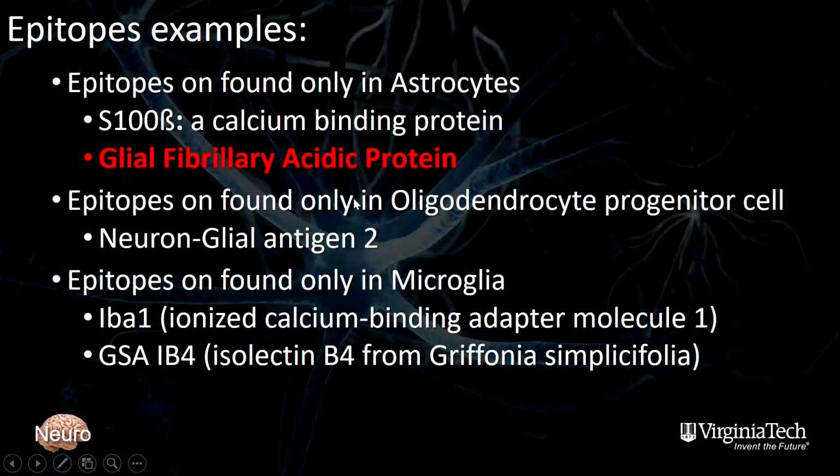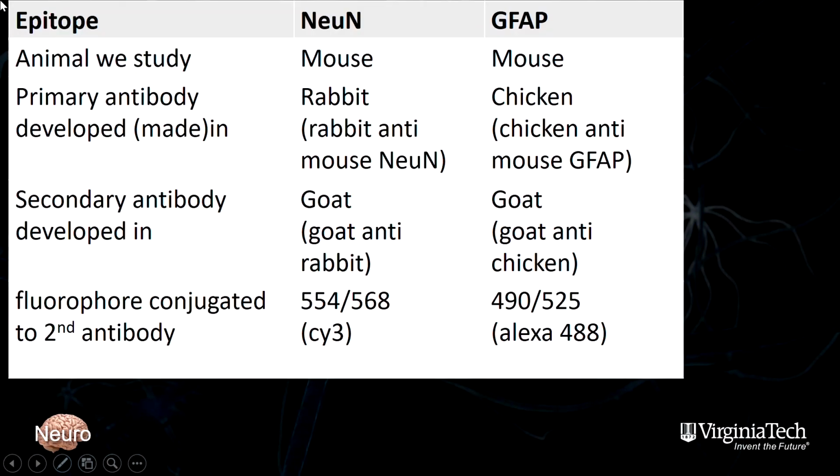And then for the oligodendrocyte progenitor cells, there's neuron-glial antigen 2, that is the antigen name, and also has multiple epitope names. And the epitope only found in microglia cells is IBA1.